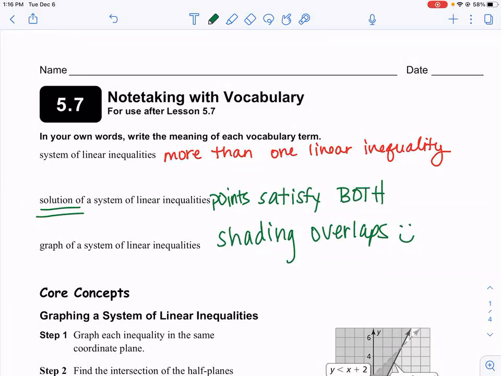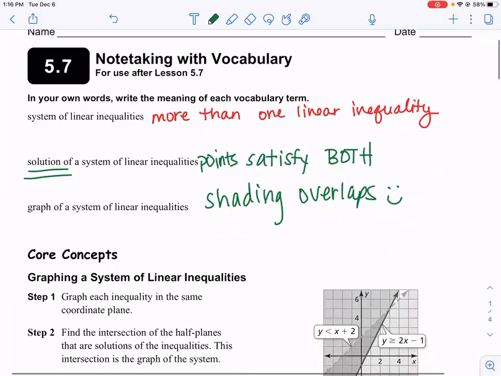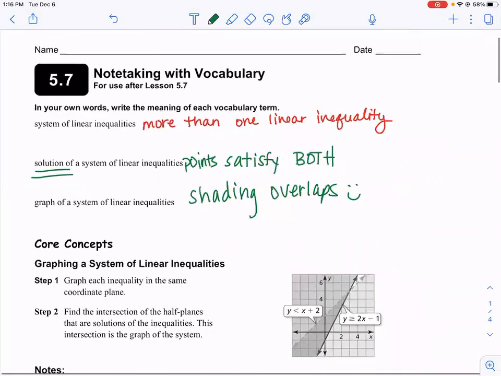So like we did in our warm-up, we're going to graph one inequality. We're going to graph a second inequality. And I'm going to look for where is the overlap. And wherever the overlap in shading is, I'm going to shade that darker so I know that those are my solutions.